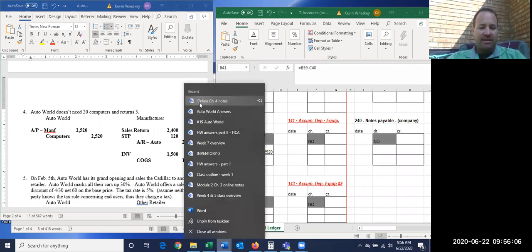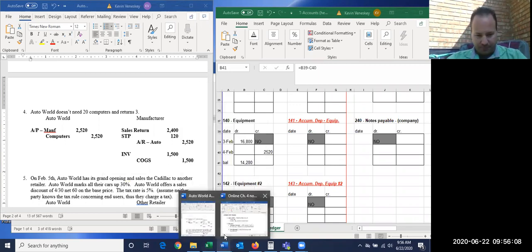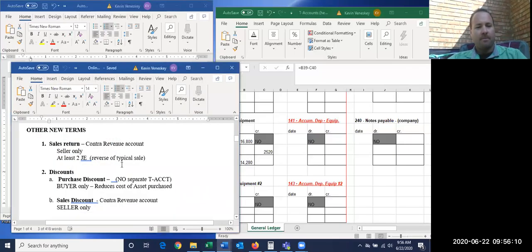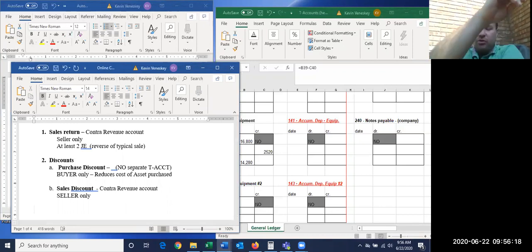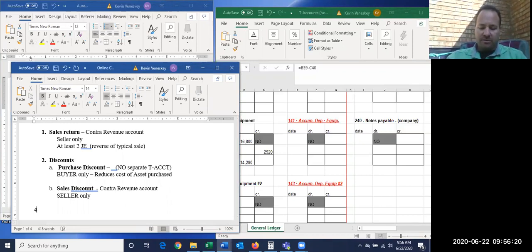When we have a sales discount, discounts are always stated a certain way, or usually they are. A discount is usually stated something, and we'll use some of the same terms here. We'll use 4/30 net 60. They don't have to be this. It could be something like 2/10 net 30.